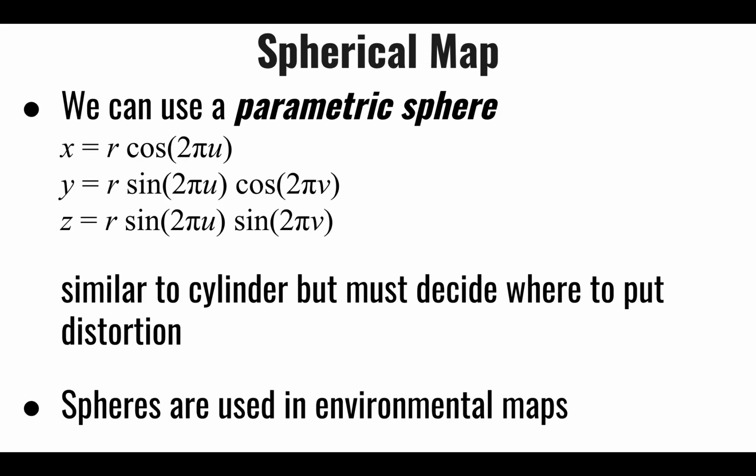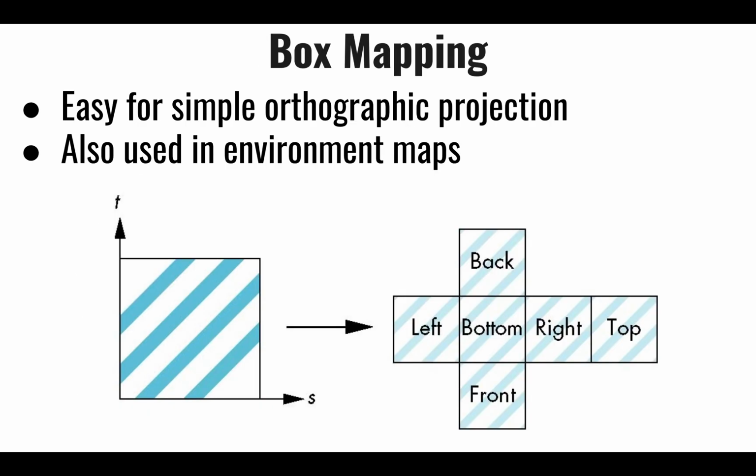Same thing for the sphere. As I iterate over u and v that defines the sphere, I can use that u and v that I'm using for rendering in my fragment shader to go back to the original image, see how that maps to it, and then decide to use that particular color for that particular fragment.